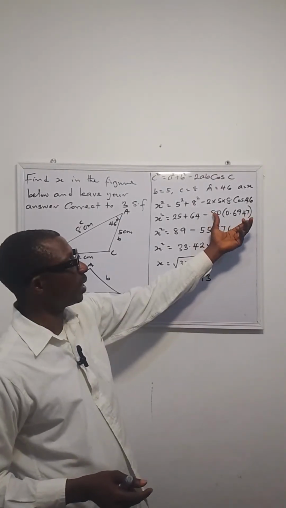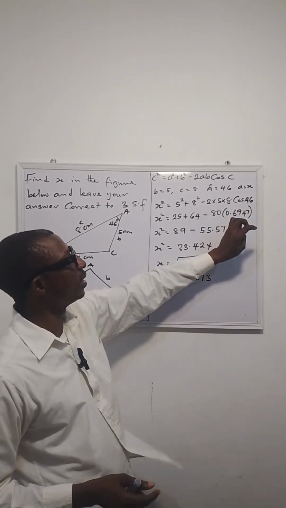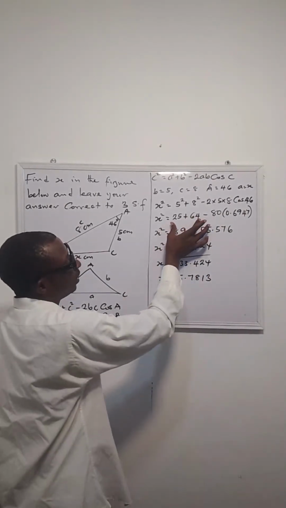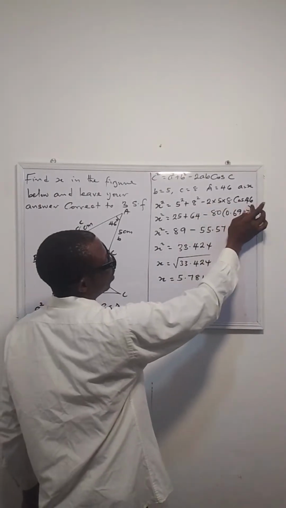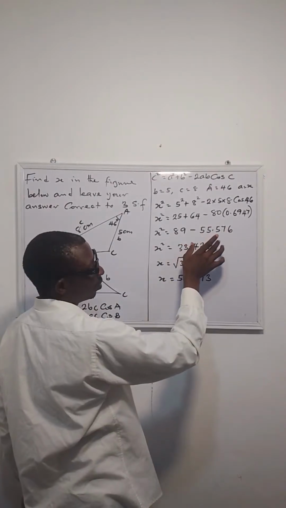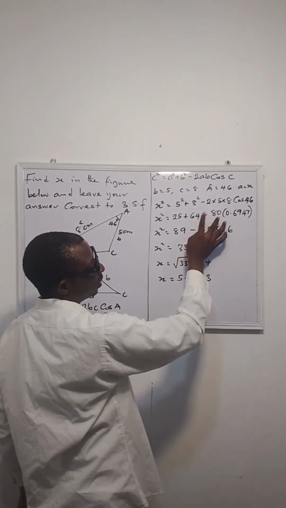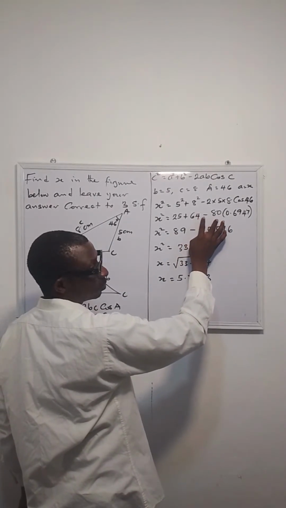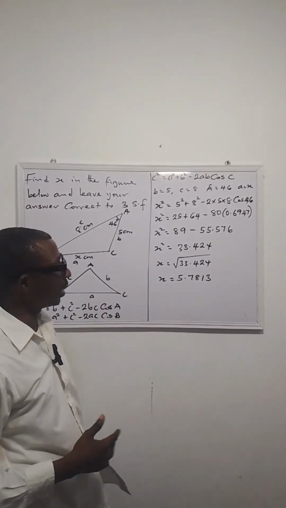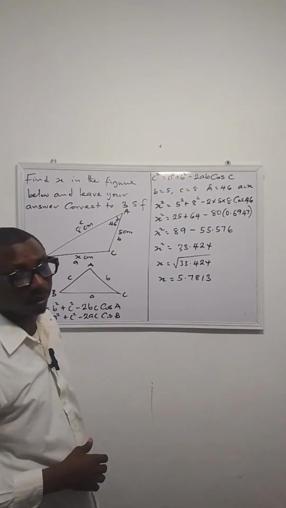They are multiplying each other, so you must multiply before subtracting. So don't be tempted to subtract. Once we subtract, there will be an issue, and that answer will not be correct.